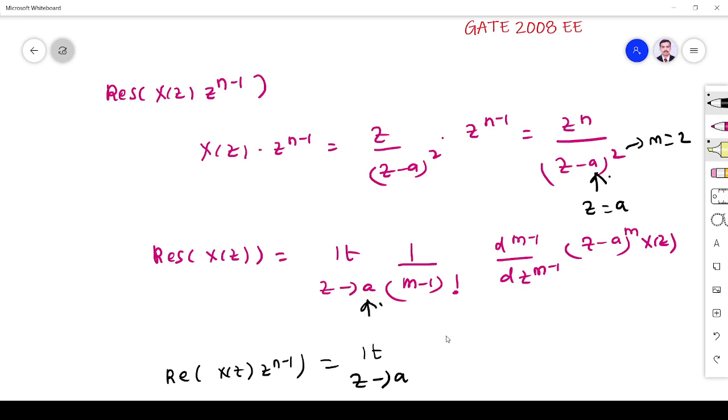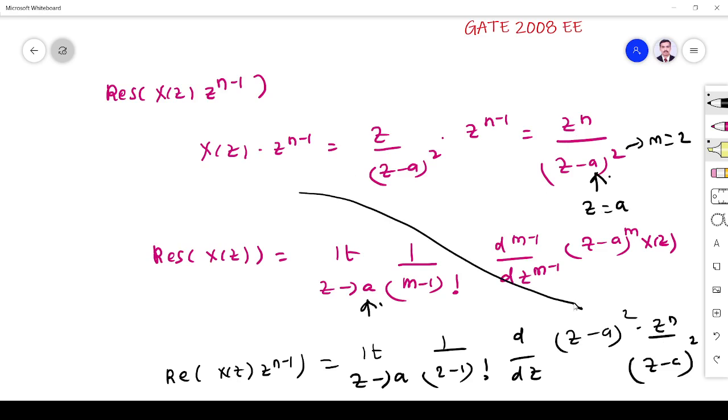Here also a, 1 by (2 minus 1) factorial, d 2 minus 1 by d z, (z minus a) whole square times z power n divided by (z minus a) whole square. Instead of X of z I have X of z into z power n minus 1, that is given by z power n divided by (z minus a) whole square.